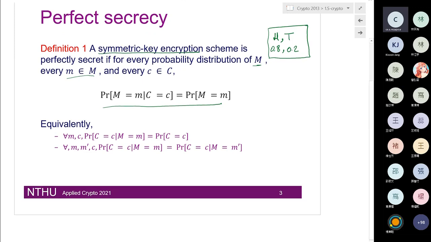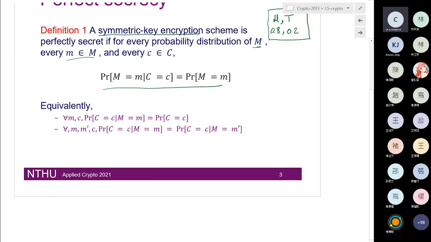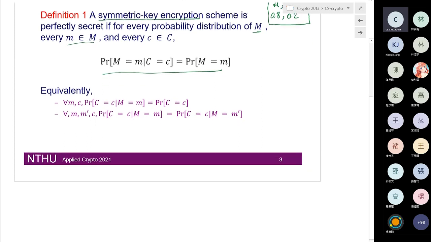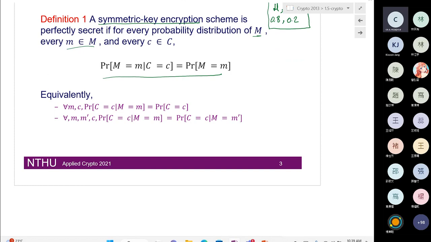So what this formula is saying is, in the first place, we need to understand what this piece of the formula over here is.